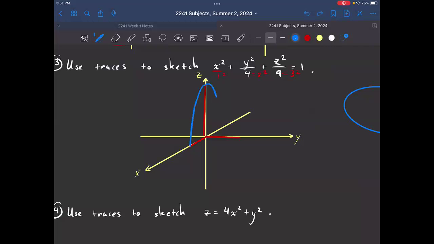But the ellipse should more or less look something like this. Like that. Here we go. And then in the XY plane, it looks something like this.